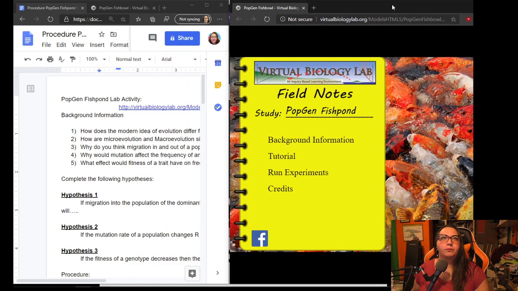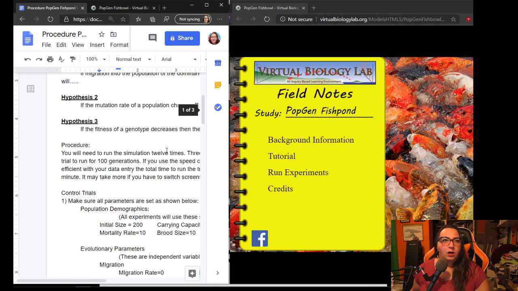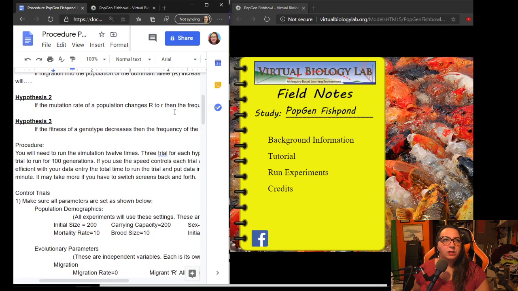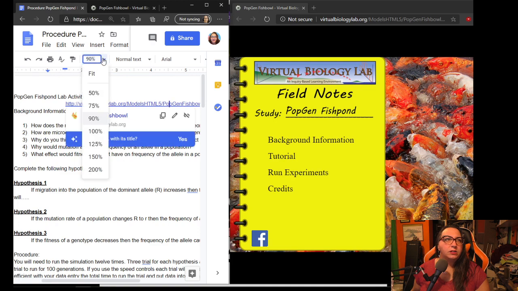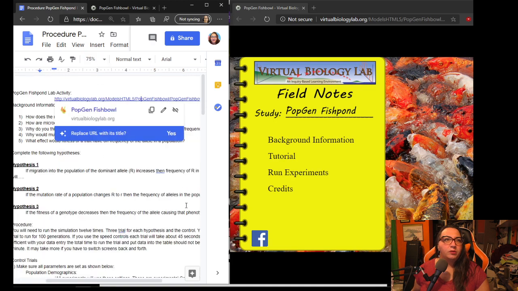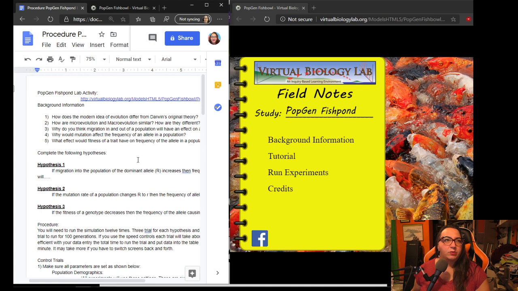That'll work. So we've got the lab activity here, and the procedure is all there. I apologize that it doesn't totally fit on the screen now, but we get the idea. I can reduce this a little bit, maybe. Make that like 90%, 75%. There we go. We get the gist at that point.